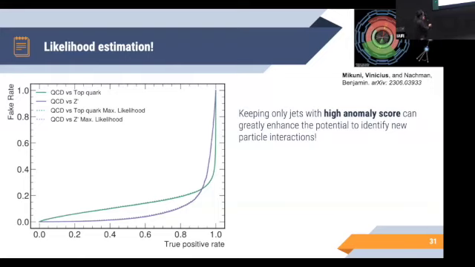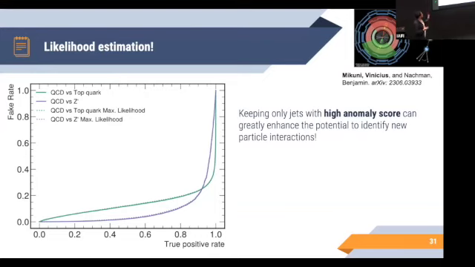And if you look at the ROC curve, now I use this anomaly score, trained for example on QCD jets, and I want to see how well I can reject other types of jets. You can see here, for both the new physics scenario of these long-lived particles and for top quarks, that even for a good true positive rate, let's say 80%, so I can retain 80% of my anomalies, I get a 10% retainability of the standard objects that I have in my data set.